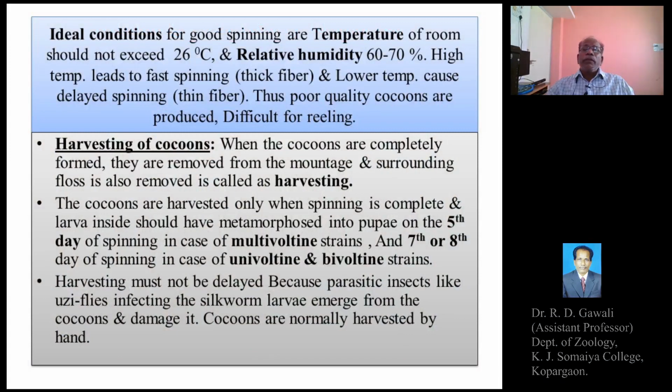Then we'll explain the ideal conditions for good spinning. So, similar to the maintenance of temperature and humidity in the rearing house during the larval development, we have to maintain the optimum temperature and humidity even during the spinning of the cocoons also.